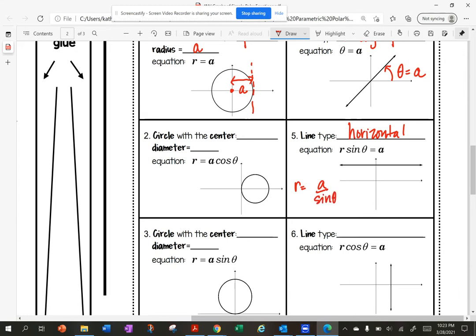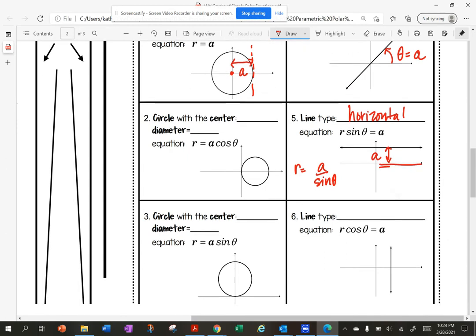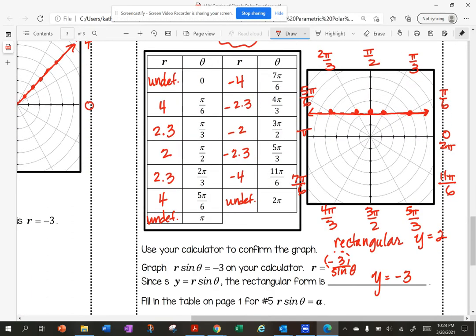But putting it in my calculator, I see this. So my a is whatever I am above or below the 0, or the polar axis, where we're calling this the polar axis. All right, let's keep going on our investigation.